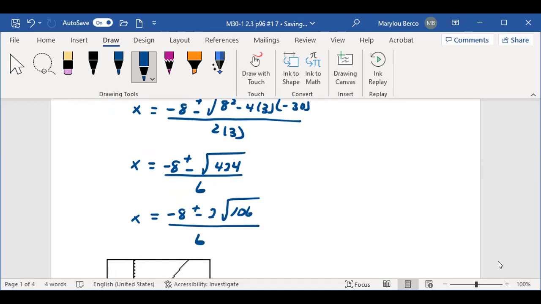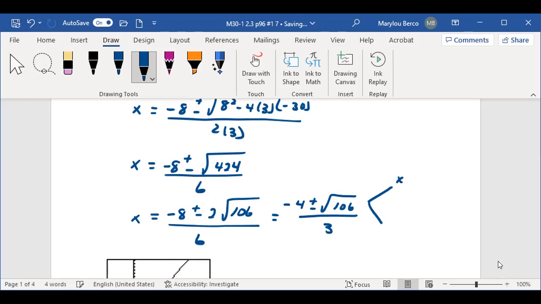And dividing top and bottom by 2, we get negative 4 plus or minus root 106 divided by 3. So let's analyze two possibilities.